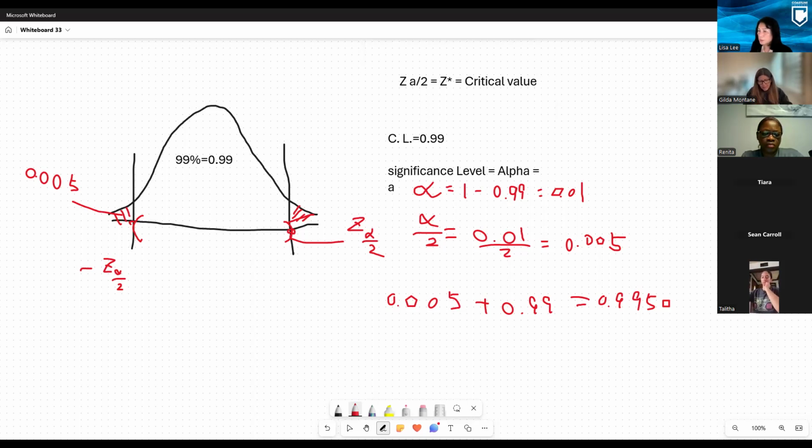Let me find it from my file. I will post a new one again. So the one you tried to look at, you cannot see it. Okay, let me open mine. Well, it's good that you asked the question today about the critical value. Otherwise, I didn't know the link cannot be opened.